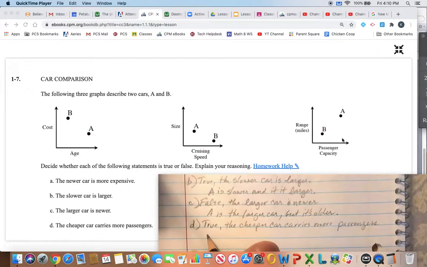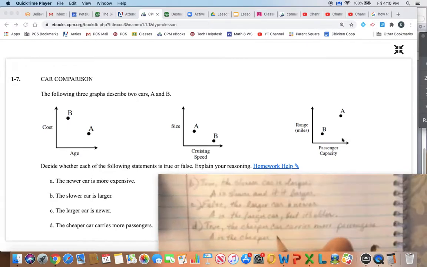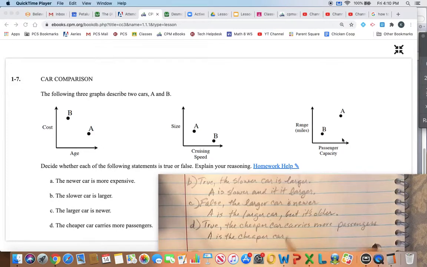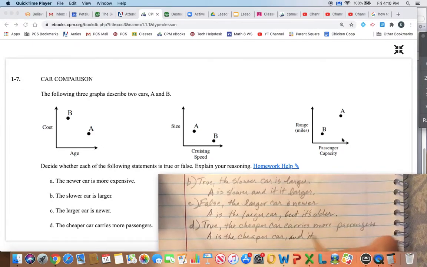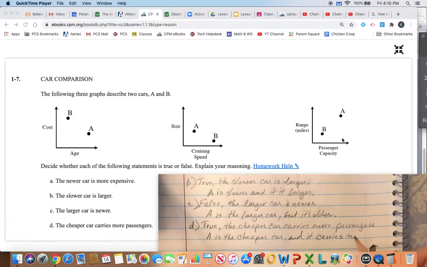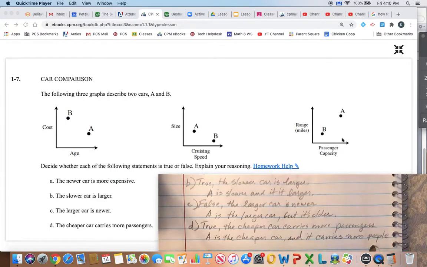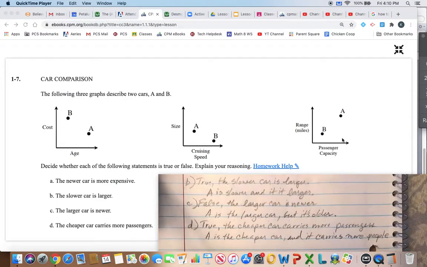And our reasoning is A is the cheaper car, and it carries more people. Okay, so now we're done with that one.